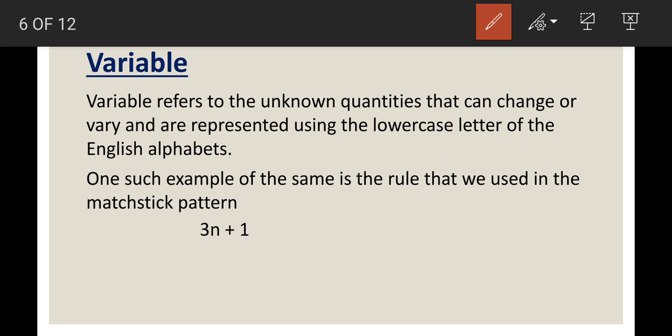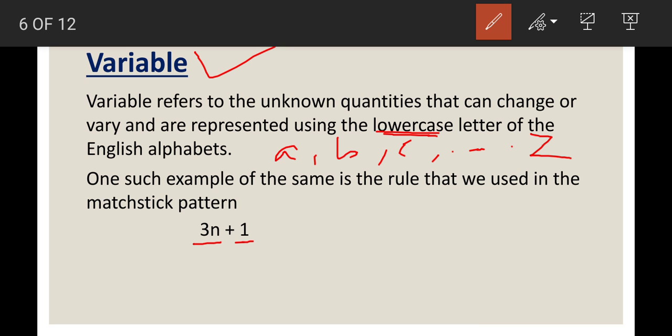We can use small a, small b, small c up to small z. There are 26 letters in English, so we can use the lowercase of those to represent a variable. One such example is the rule used in the matchstick pattern, that is 3n plus 1, which we used earlier.